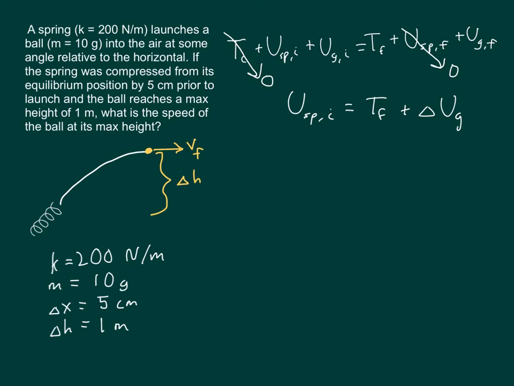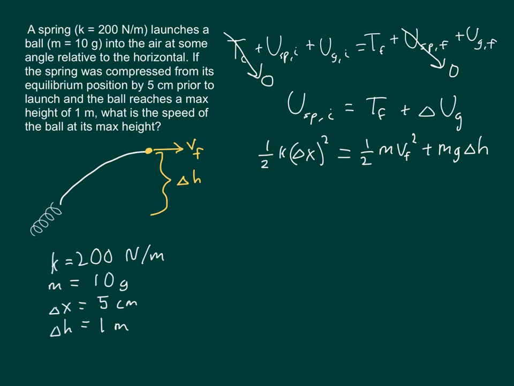At this point, why don't you pause the video and just plug in the specific equations for these three different energy terms, and we will meet back when you unpause the video. Alright, we're back again. This is the result you should have gotten for plugging in the equations for the different energy terms.